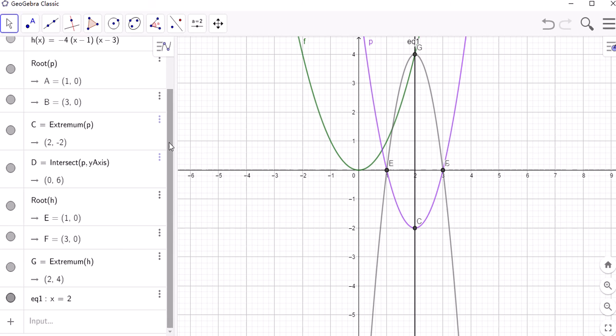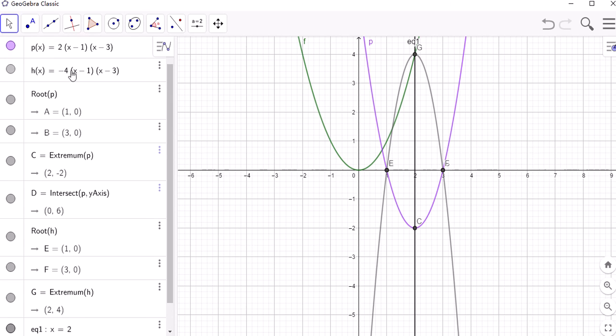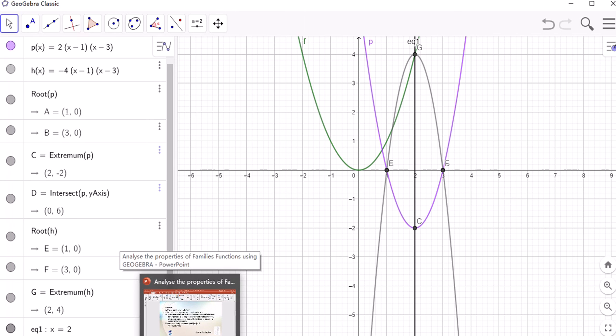Obviously, because for h(x), a is -4, it's opening down, the green one. And for p(x), because a is positive 2, it's opening up. Okay, next we turn to PowerPoint to get a conclusion.